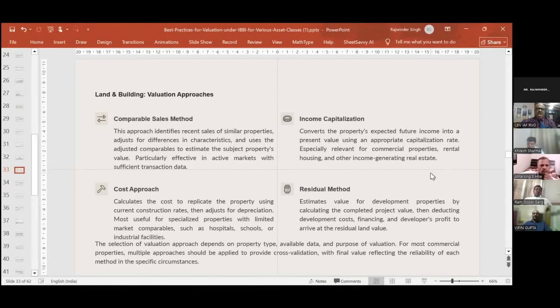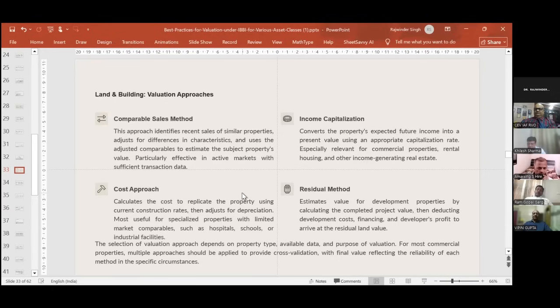And before signing, you must ensure that these best practices are followed for your safety as a valuer, so that no negative decision can be taken against you during your peer review or any other inspection process.